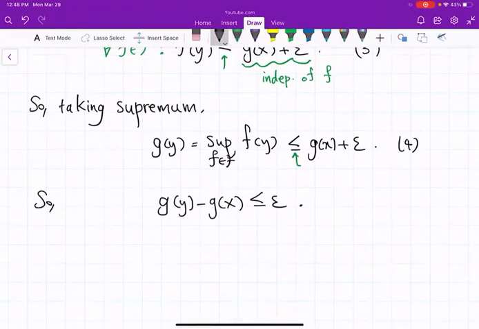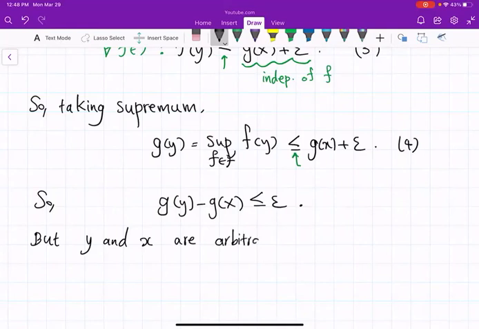So we have proven that for every y, if distance of y, x is less than delta, you have this, right? Don't forget that y and x are arbitrary, of course, except for distance of y, x less than delta.